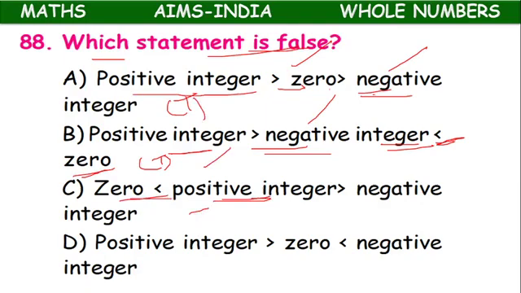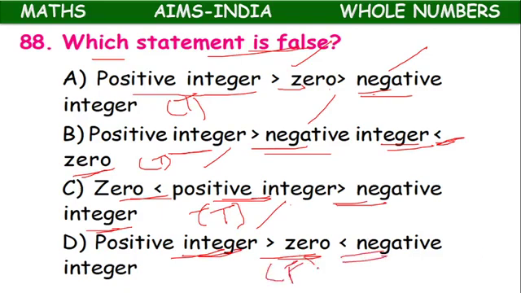False. Positive integer greater than negative integer. True. Positive integer greater than 0. Correct. 0 less than negative integer. Wrong. So D option is the false statement, because they asked for a false statement.